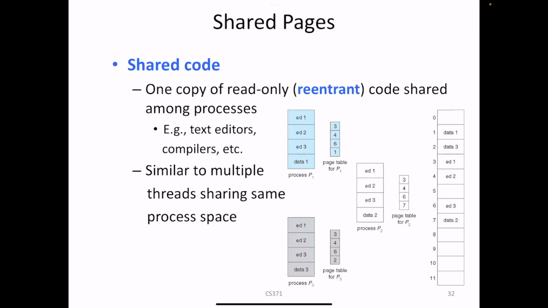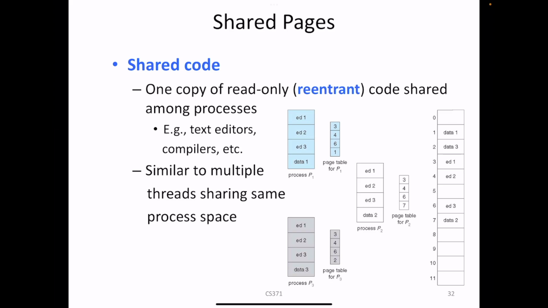In the paging allocation mechanism, there is a special type of page called shared pages. The shared code is stored in the shared pages. Shared code is one copy of read-only code shared among multiple processes. This read-only code we call reentrant code.